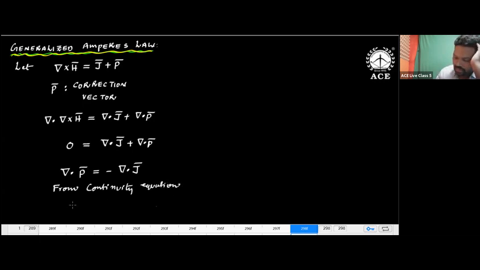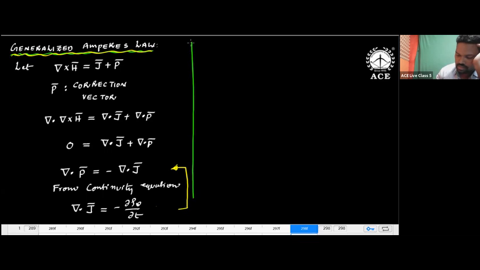equation, what is the divergence of J beta? Is equal to minus dou rho V by dou T. So bring this one here and substitute here. So the divergence of P is equal to dou rho V by dou T beta.